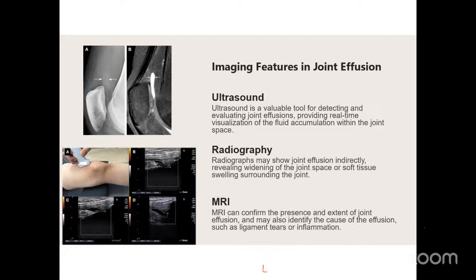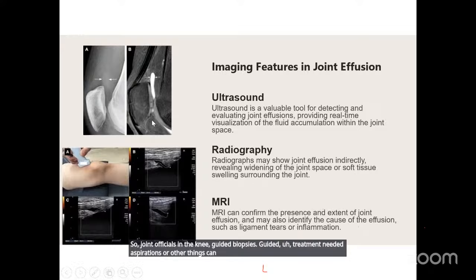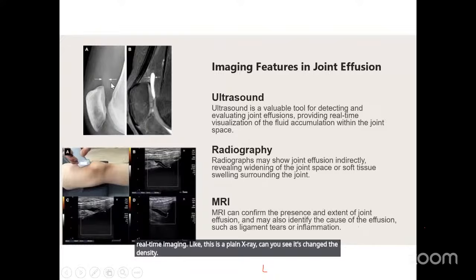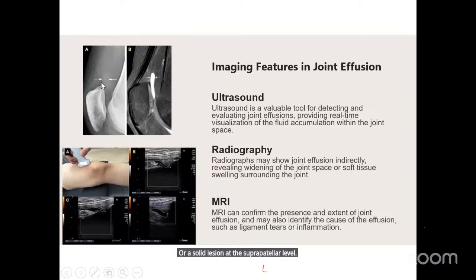So joint effusions in the knee, guided biopsies, guided treatments, needle aspirations, and other things can be facilitated easily using ultrasound, because it provides real-time imaging. This is a plain X-ray. It shows us the density and appearance here, but we cannot say whether this density is fluid or a solid lesion at the suprapatellar level.